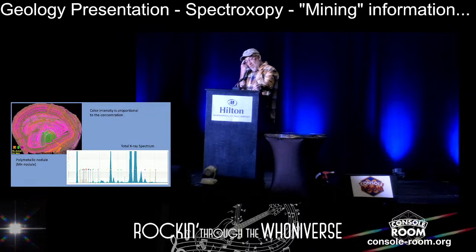So there's an example. Most of you have probably heard about manganese nodules, that they're looking to start mining the ocean basins before we know anything about those ecosystems, and it's a little scary. They call them polymetallic nodules for a reason, with a lot of different elements present within them.